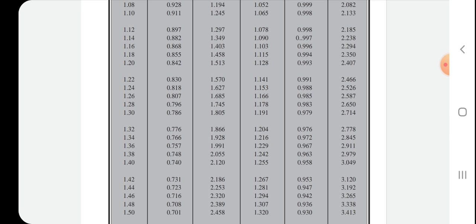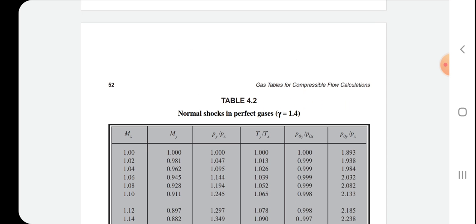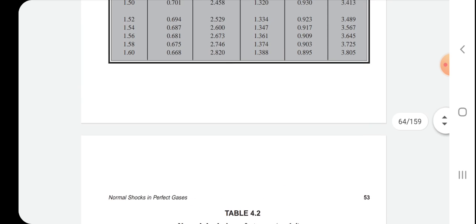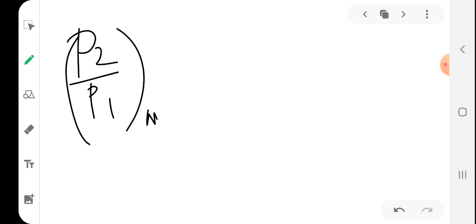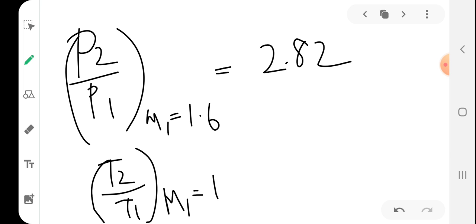What all things do we require? P2 by P1, that is Py by Px, and Ty by Tx are in the third and fourth columns. Note those values corresponding to 1.6: 2.82 and 1.388. So P2 by P1 for Mach number M1 equal to 1.6 is 2.82, and similarly T2 by T1 is 1.388.